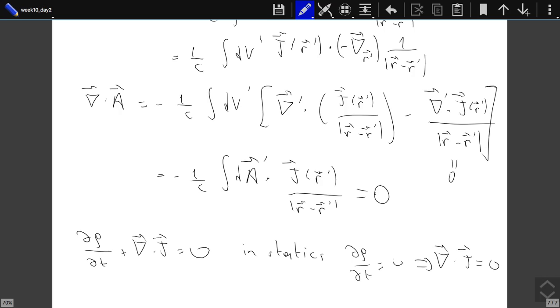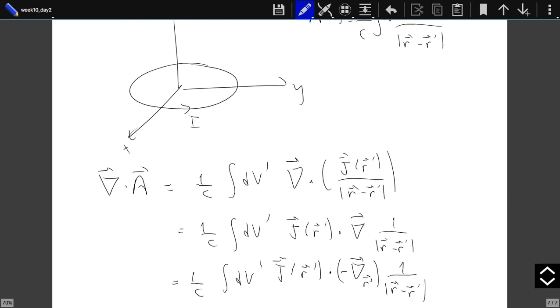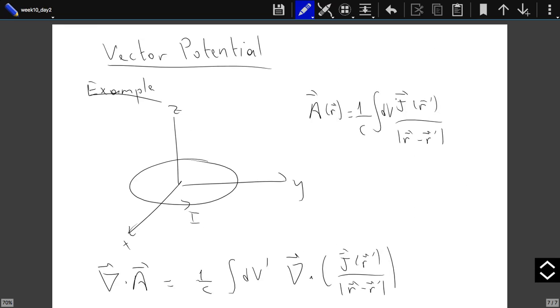Only the first term is the divergence of an expression. So I can only convert the first term to a surface integral, not the second one. So you see, this is basically crucial for the vector potential, written in this form, to satisfy the Coulomb gauge.